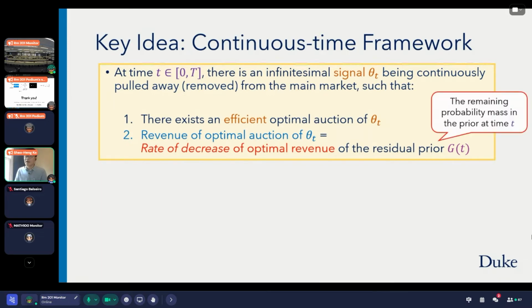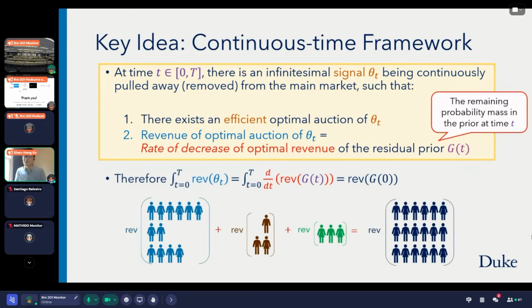And by residual prior, we mean the collection of the remaining probability masses in the prior. So if this is true throughout the course of the process, then the total revenue across the residual prior and all signals is always preserved, so that at the end of this process, the total revenue across all signals is exactly the original revenue.